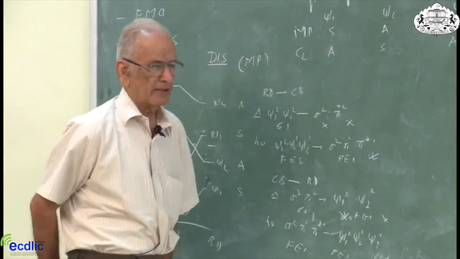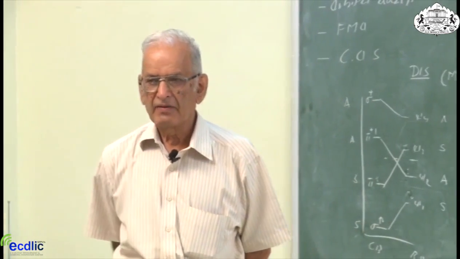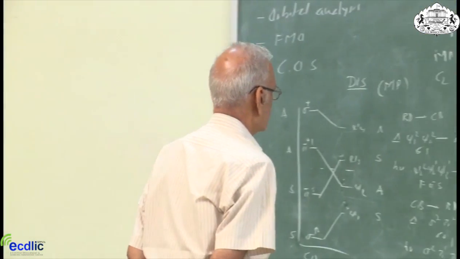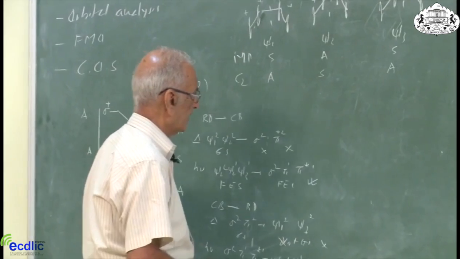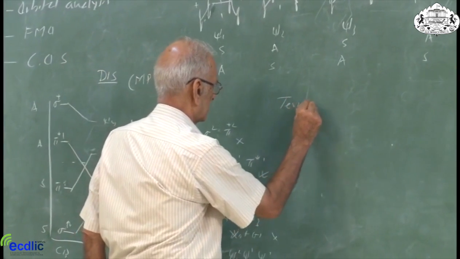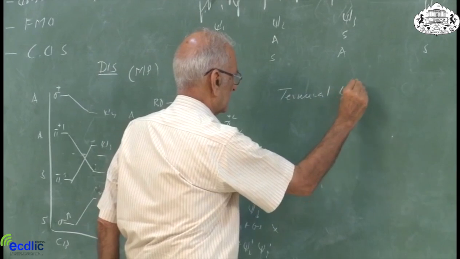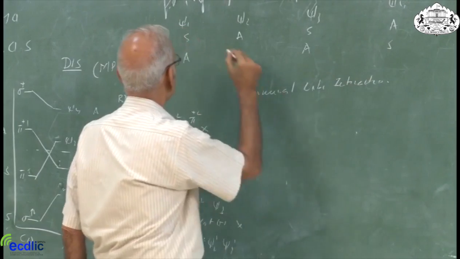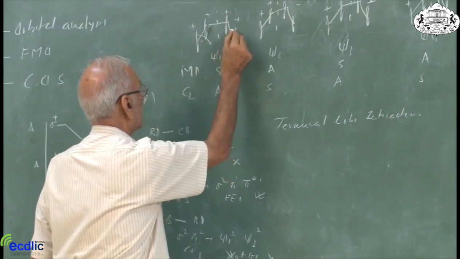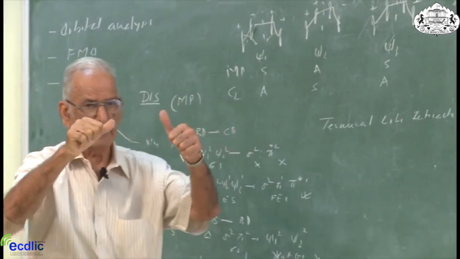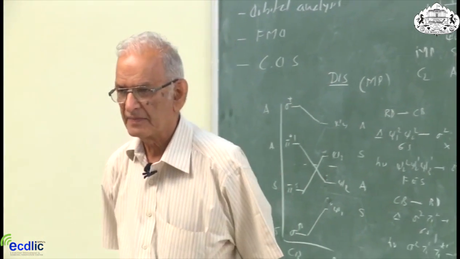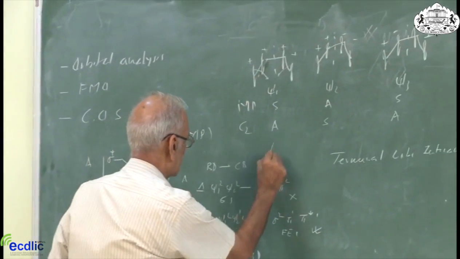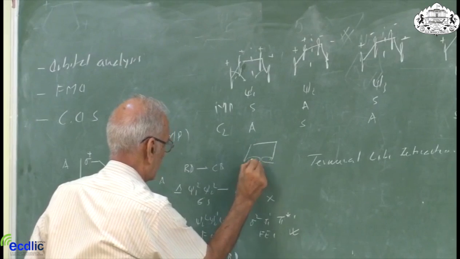Now, we introduce another concept. Whether we have drawn this correctly, we can look at what is called the terminal lobe interaction. What does this concept tell us? What is this process? I am moving my thumbs in the opposite direction. When I move my thumbs in opposite direction, what is the result? Plus will go with plus.